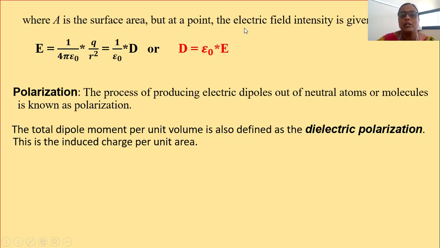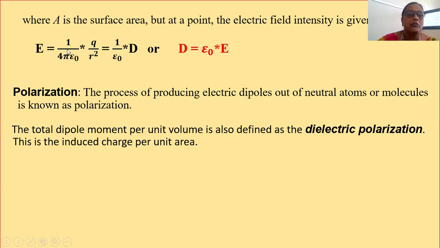But at a point, the electric field intensity is given by E is equal to 1 by 4 pi epsilon naught, Q1 Q2 by R square. This is your Coulomb's force. But the definition of electric field intensity is nothing but the force exerted on a unit positive charge. Since one of the charges is 1, in place of one of the charges we are placing 1. So that is 1 by 4 pi epsilon naught, Q by R square.